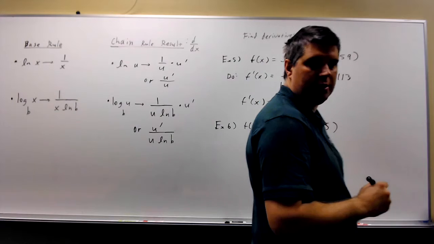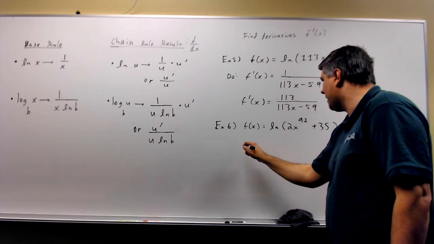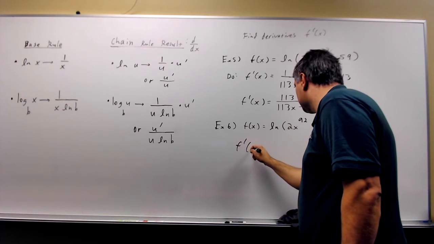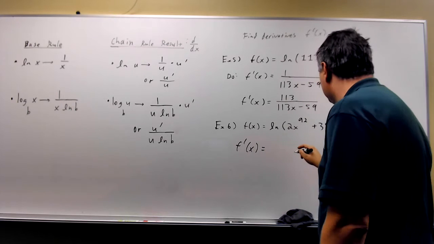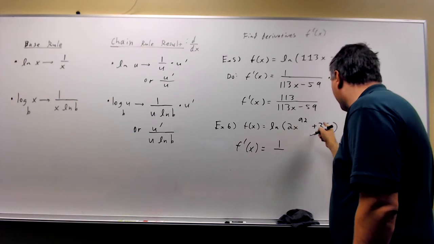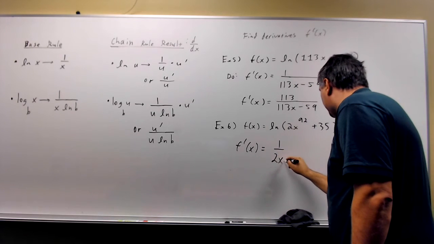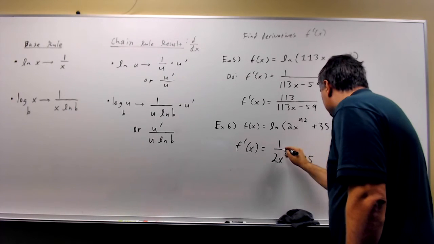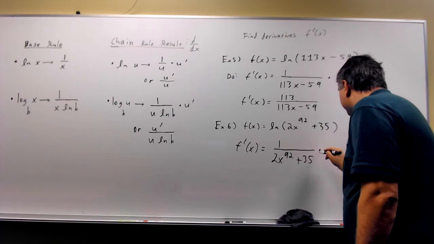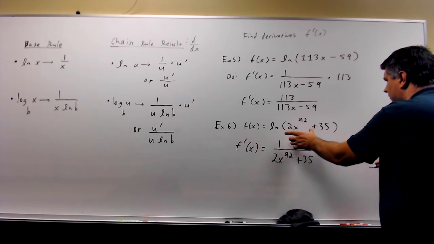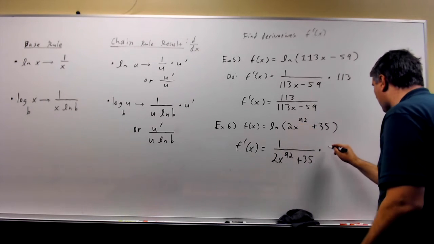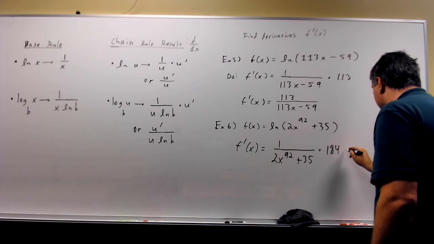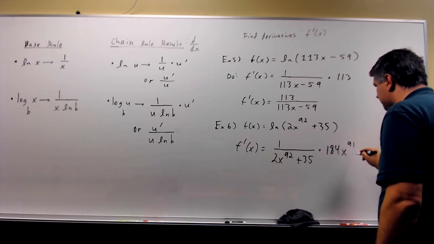For this one, f prime of x will equal 1 over my argument, 2x to the 92nd power plus 35, times the derivative of all this. So that would be 184x to the 91st.